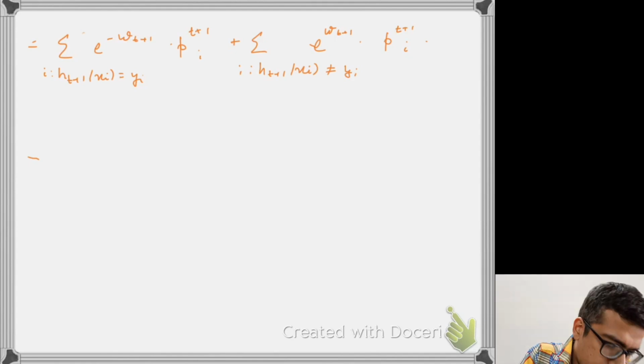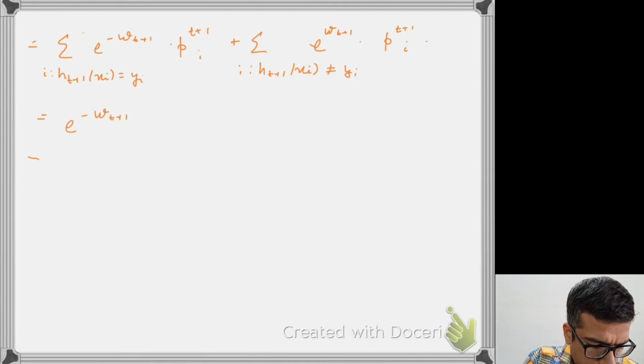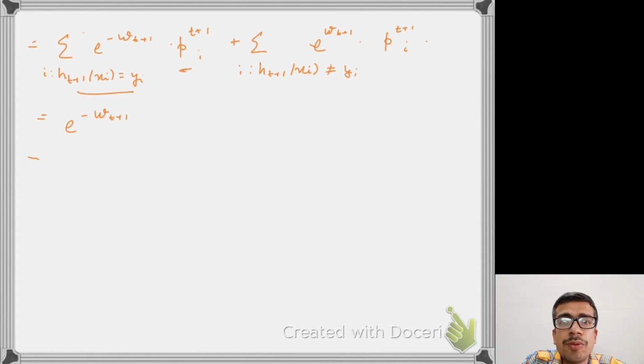Okay, this is going to be e to the power of minus wt plus 1 times the sum over instances wherein it matches. So the sum of all these weights is going to be 1 minus the classification error, which was epsilon t plus 1.